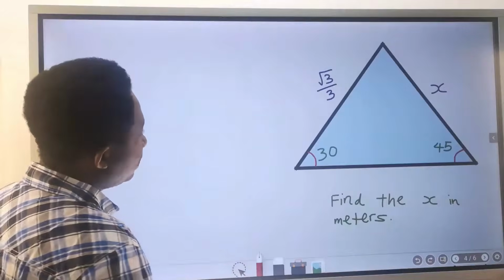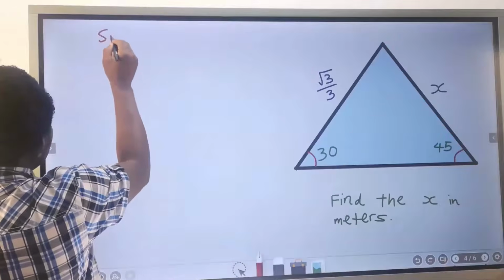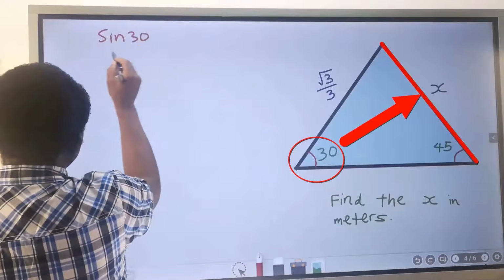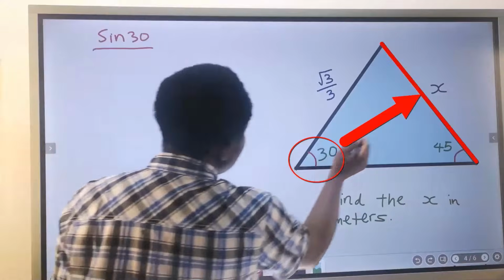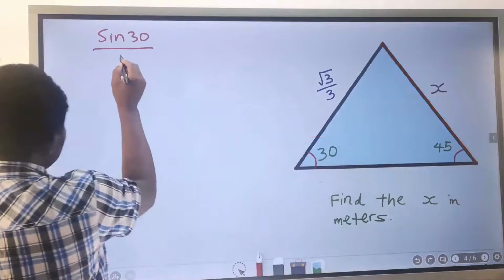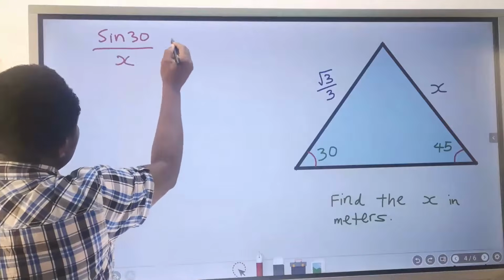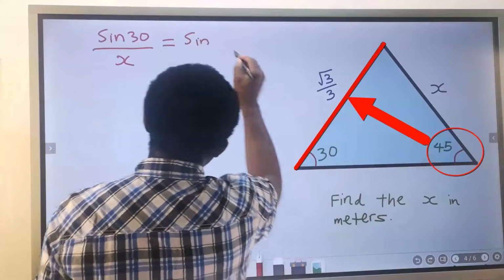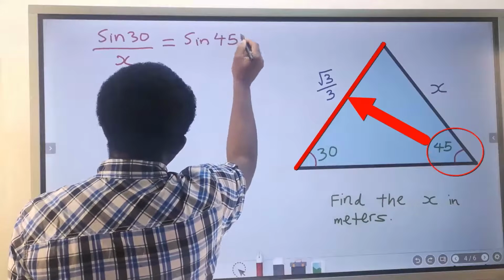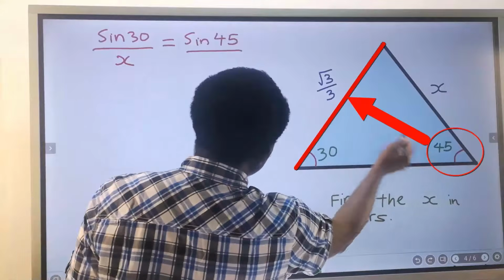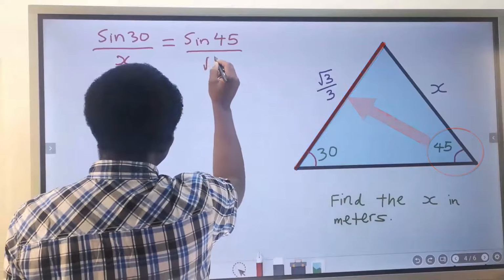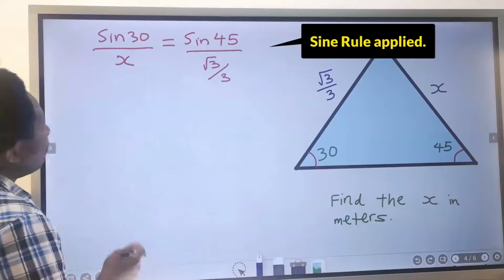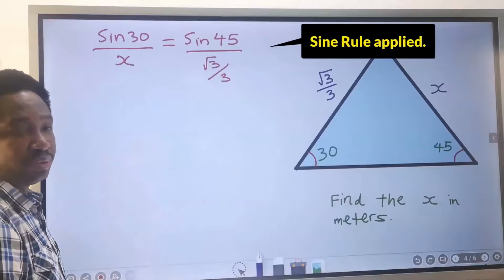Sine rule states that the sine of this considered angle divided by the side it's facing, which is x, is equal to the sine of the other angle divided by this side it is facing, which is root 3 divided by 3. We have applied the sine rule.